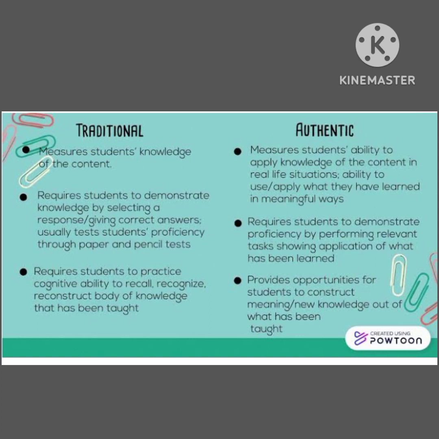The selected response type includes alternate response, like true or false, yes or no, or check or X, and then there is multiple choice, and then there is the matching type. The constructed response type includes short answer, essay, and also problem solving.